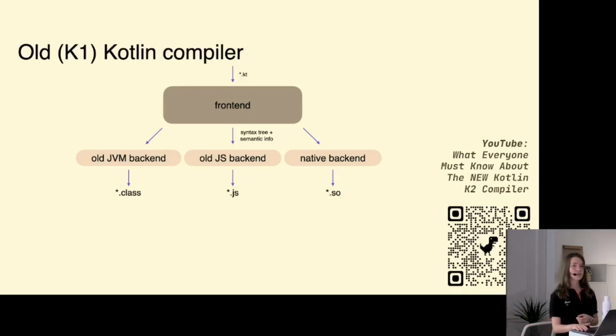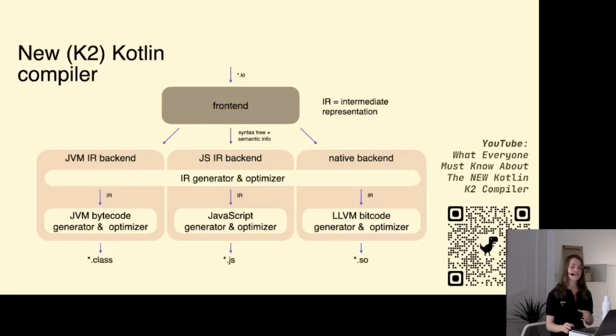So what we did in K2, we have actually made it closer to the classic compiler theory. Now we have the front end, we have an intermediate representation, and only after that we have our specific backends. What does it mean? When we have some syntax tree produced by the compiler front end, we do some optimizations with this code.